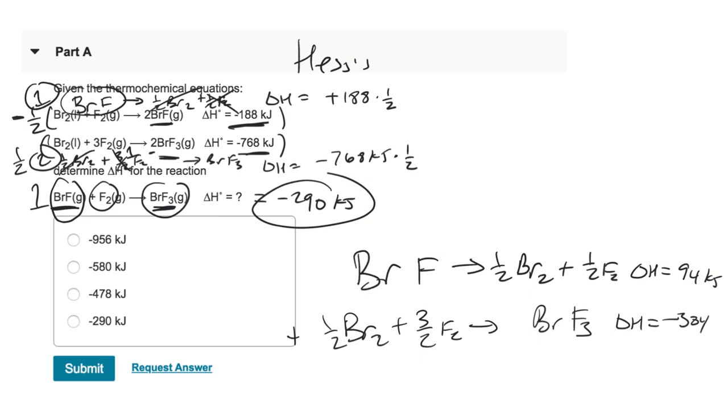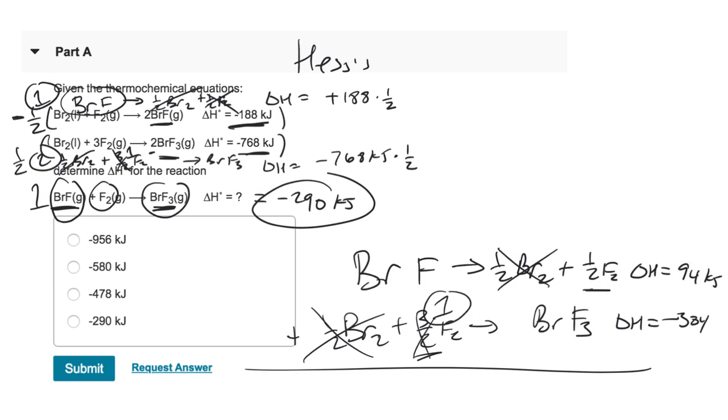And so again, the idea is we're adding these reactions up. That's why these cancel here, and a half and 3 halves cancel down to 1. So we have BrF plus F2 goes to BrF3. Delta H is these two values added together, minus 290 kJ.